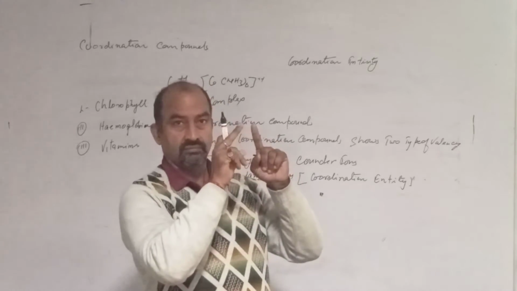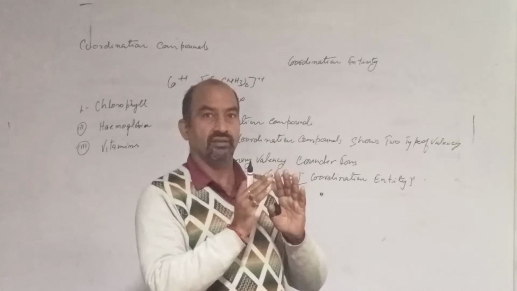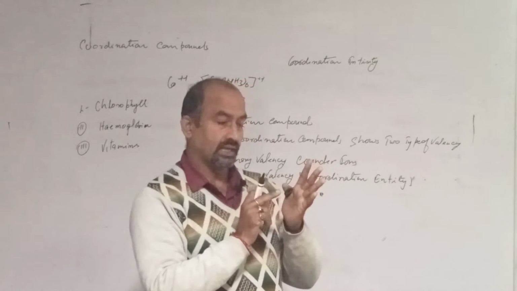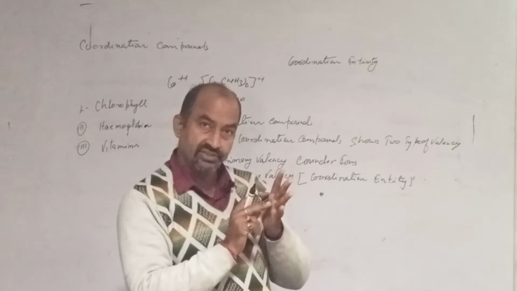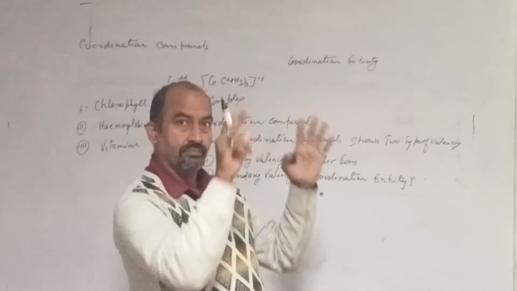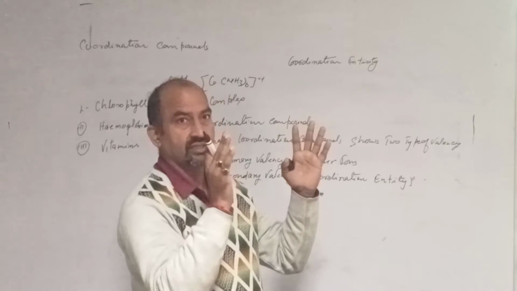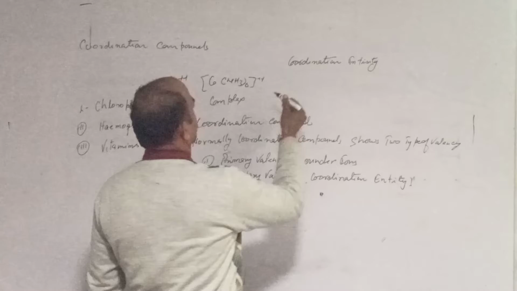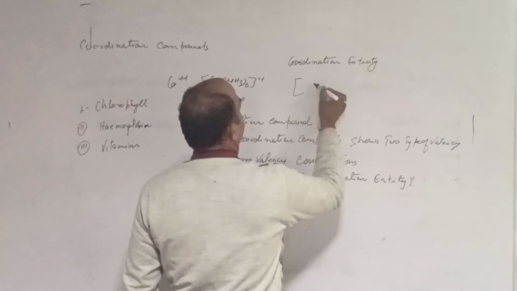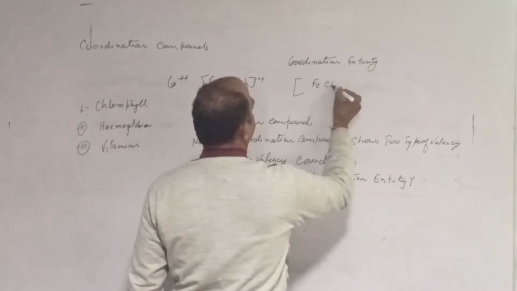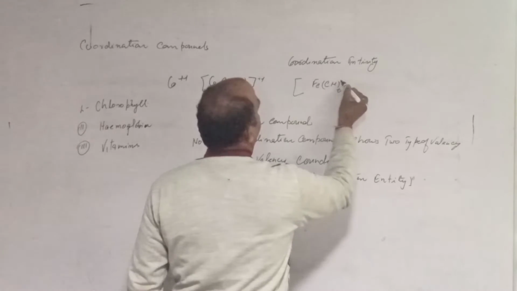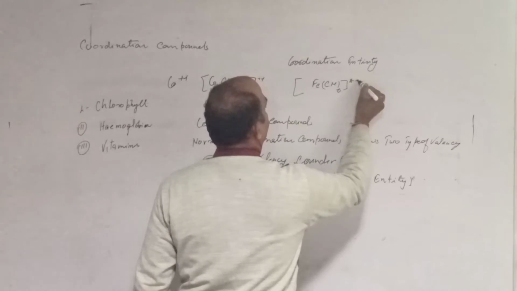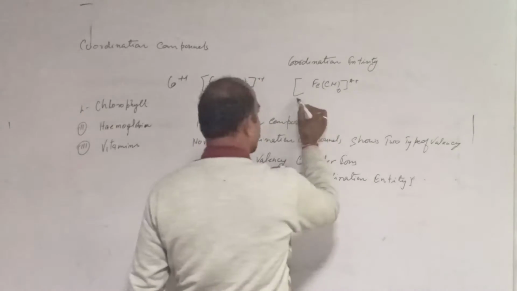So this square bracket and the material inside, the metal cation along with the ligands, both are written inside the bracket. That's why this bracket structure, or what is inside the bracket, is called the coordination entity. So this area is called the coordination entity.